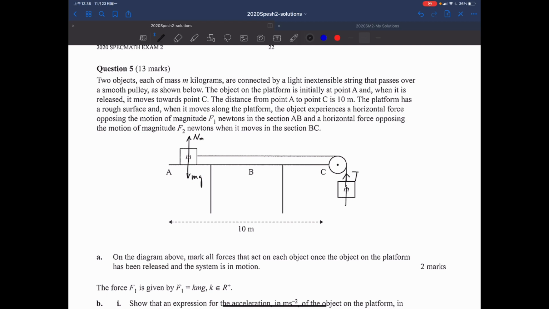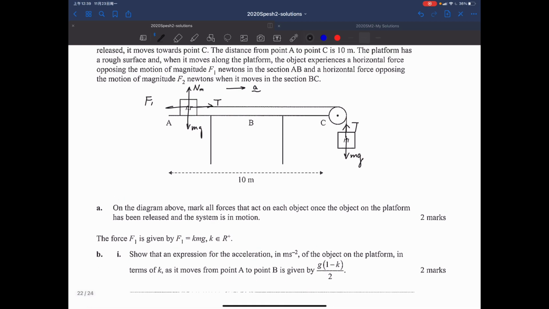Tension, gravitational force mg. Another tension, and finally, the direction of the motion should be in this direction, accelerating towards the right direction. And here comes our opposing force, F1.